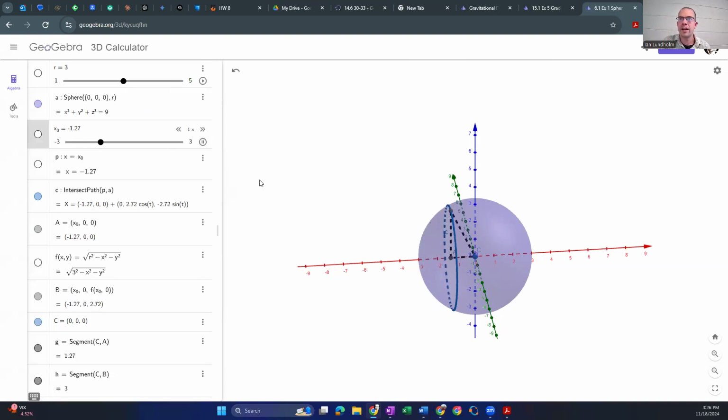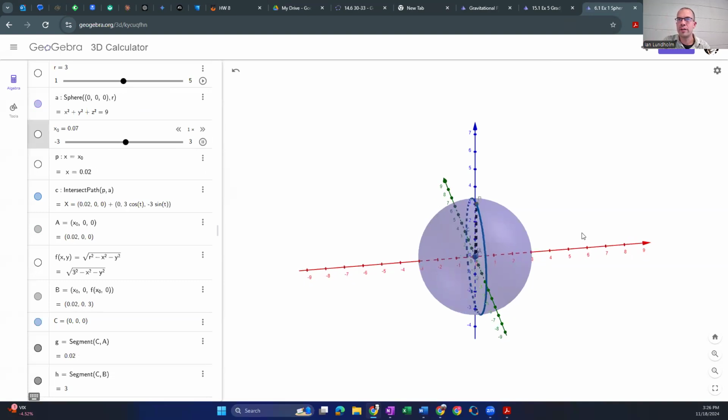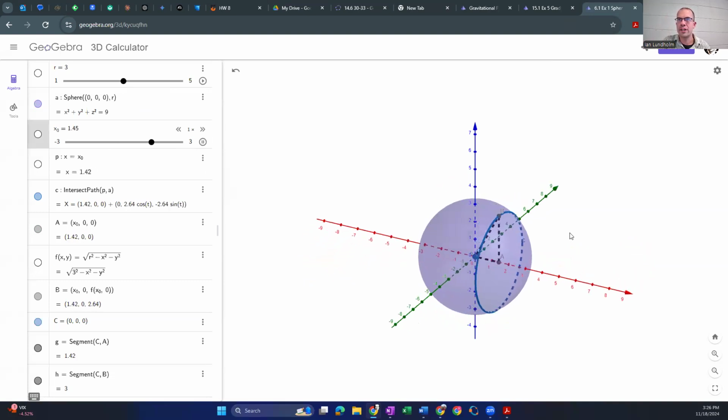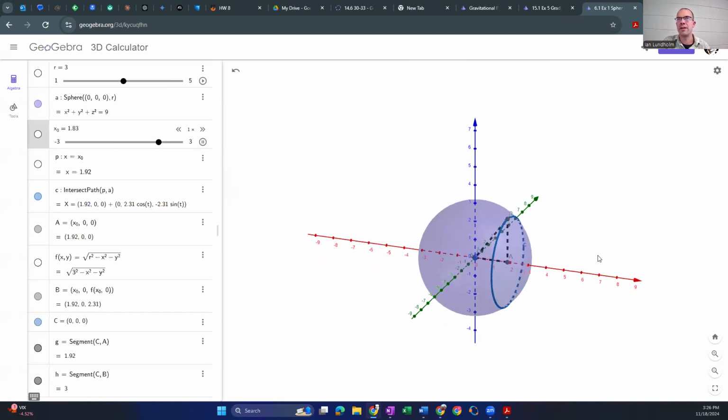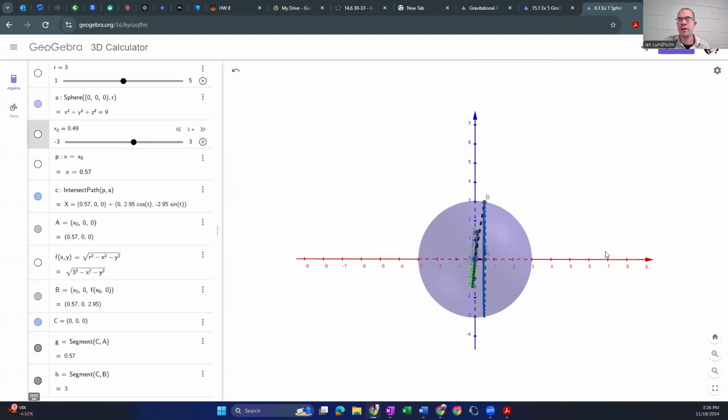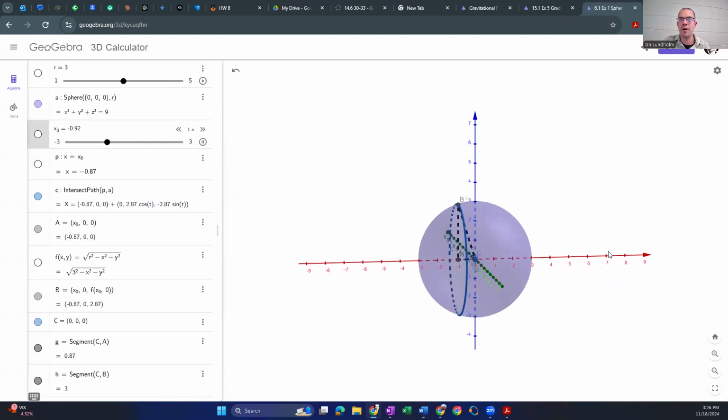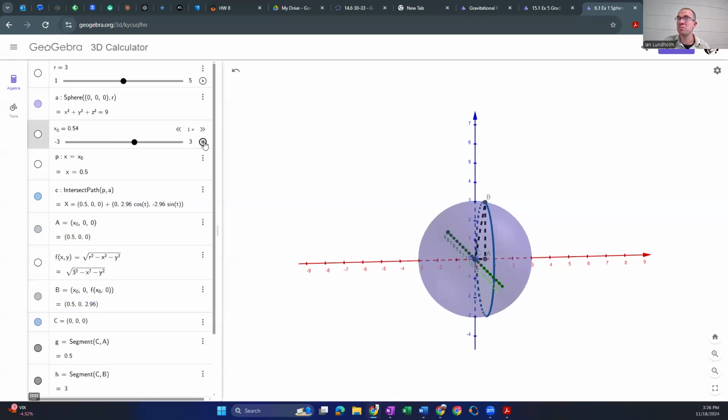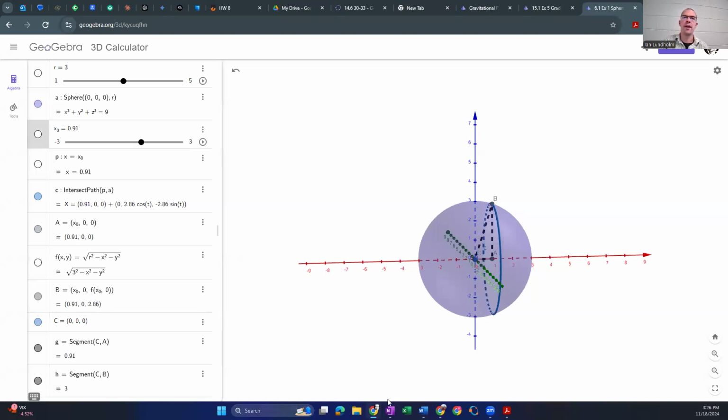We were cutting a bunch of cross sections. Now, imagine that circle being filled in, and each one of those is kind of a tiny volume that we're adding up to get the overall volume. So pretty cool. That's what we just did.